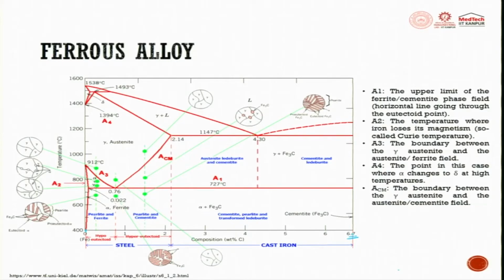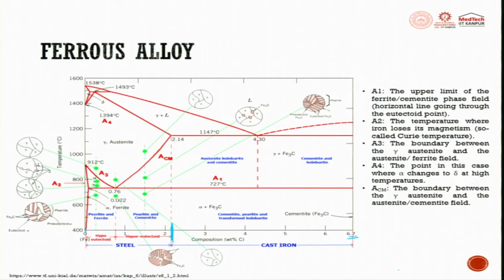So we always look at the iron carbide diagram with carbon content up to 6.7. But in additive manufacturing, we always work in a composition close to 2.1 or 2.2. This is the domain where we will start working.